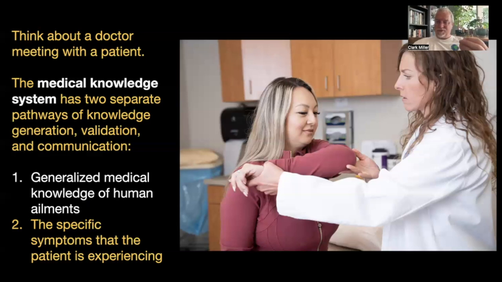I'm going to diagnose you as having this joint sprain. And then there's a second decision, which is, what do you do about it? So she gave me a shot of an anti-inflammatory, anti-pain medication. There's another decision, which is, are there additional longer-term treatments?